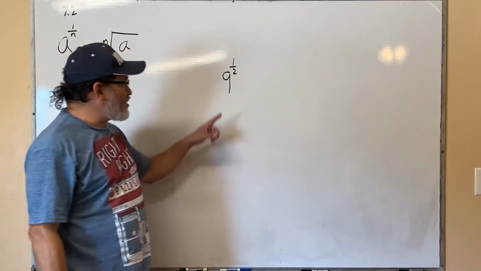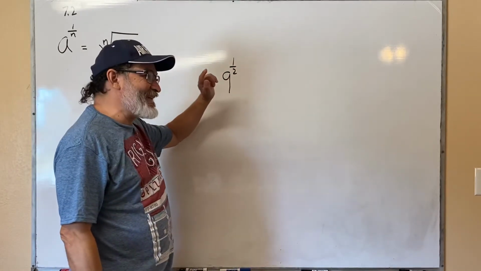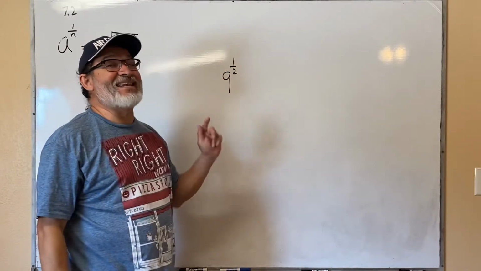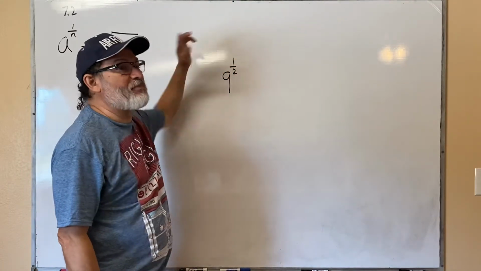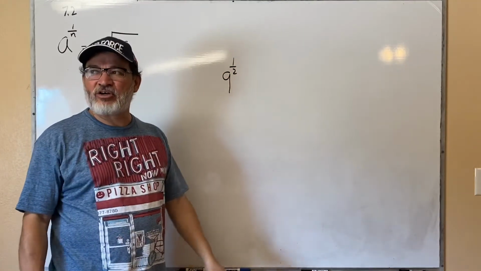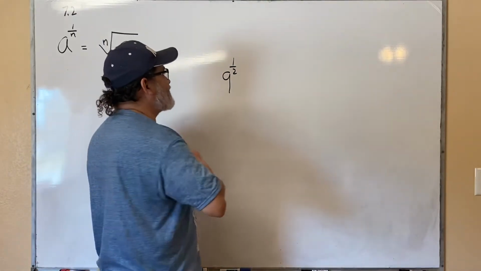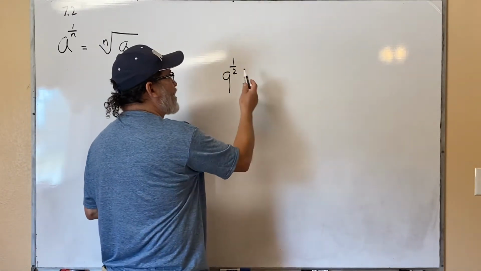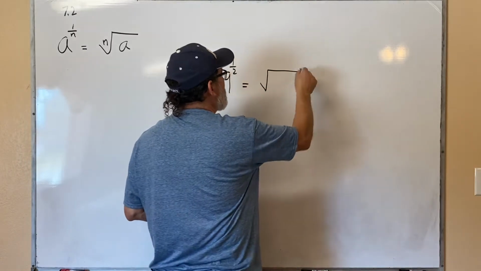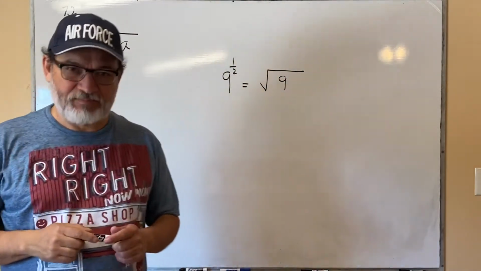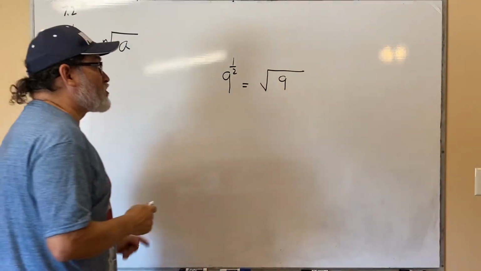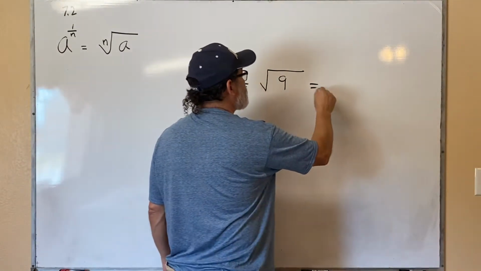So this 2 is the index, and I'm going to call this 1 the power. I'll explain that later. For now, this 2 becomes the index, the square root of 9. And we know the square root of 9 is 3.